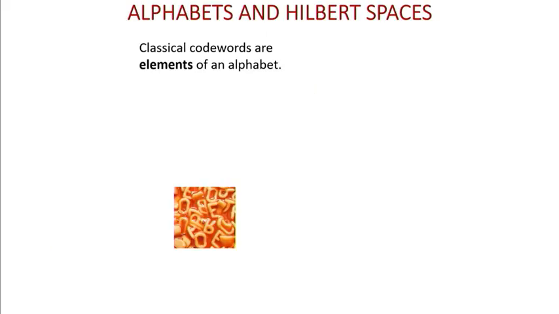bosonic hats. So let's maybe go back and remind ourselves what classical and quantum codes are made of. Classical code words are basically some subset of some set of elements that people like to call an alphabet.